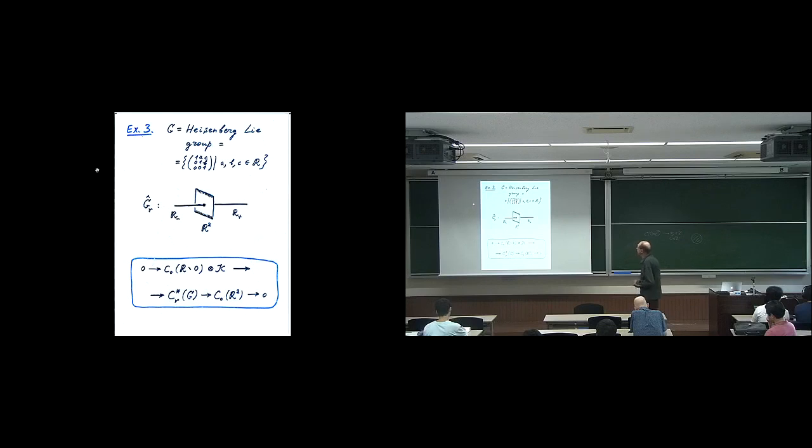Now, the Heisenberg group case is also pretty interesting. You have the representations, the whole set of representations parameterized by a certain parameter lambda, which is the parameter on this real line.